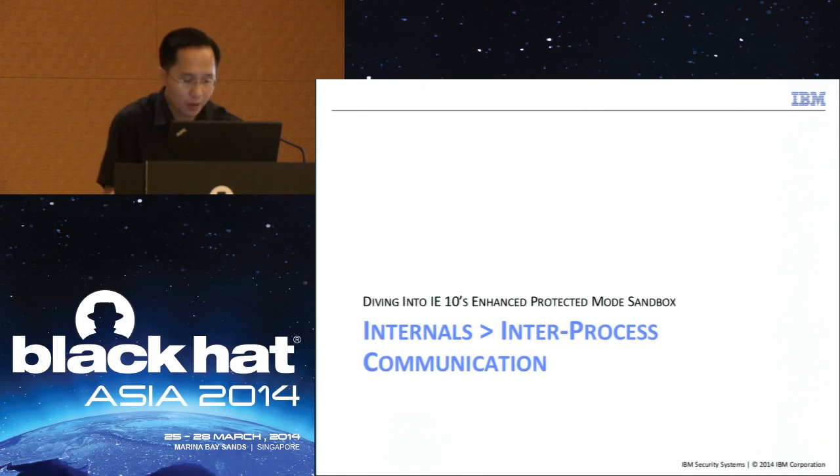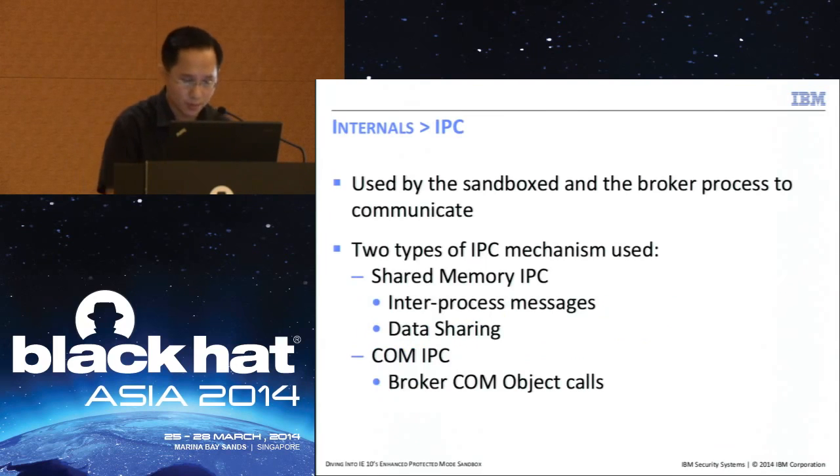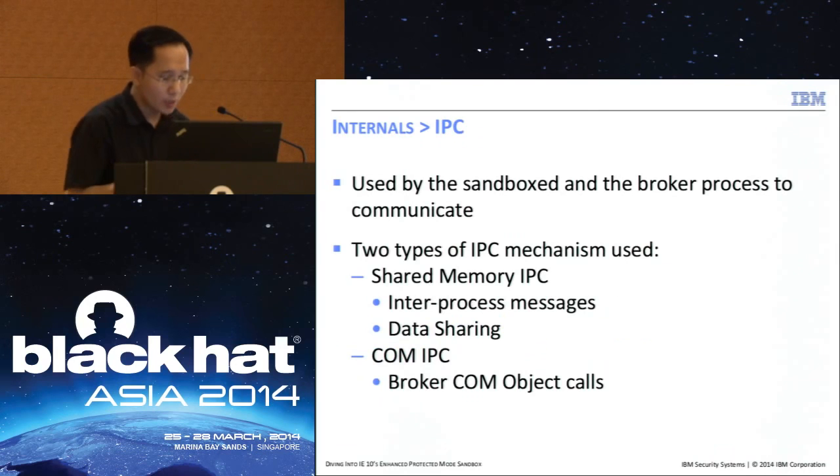I've talked about API calls being forwarded to the broker. Let's now take a look at the mechanisms that make API forwarding and communication between components in the broker and the Sandbox process possible. The Sandbox and the broker process communicate using two IPC mechanisms, shared memory IPC and COM IPC.